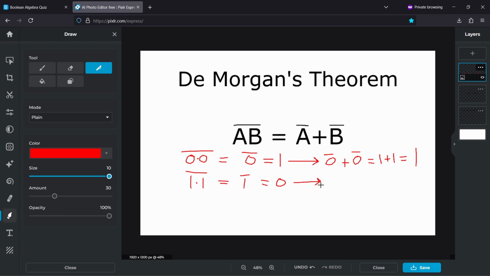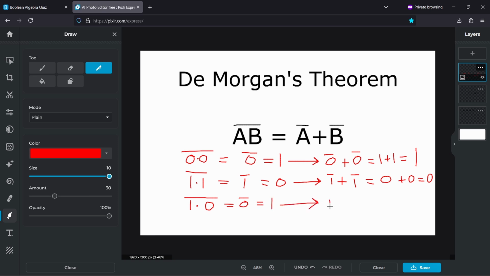We'll do it the other way. 1 bar plus 1 bar equals 0 plus 0 equals 0. So you can see it still works. Now let's say A is equal to 1 and B is equal to 0. So 1 times 0 bar equals 0 bar equals 1.